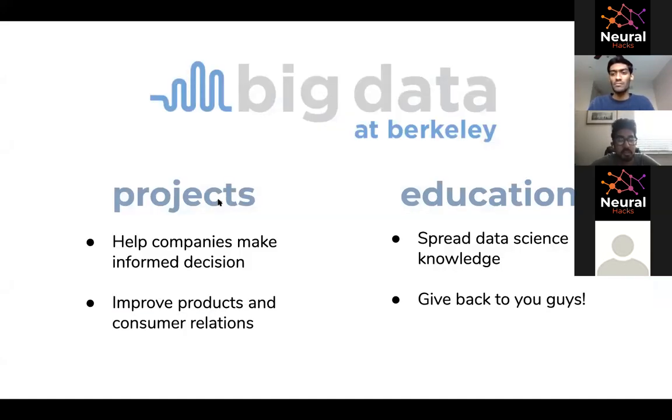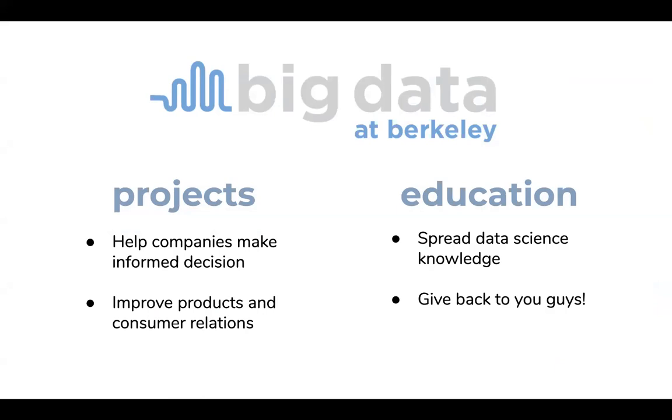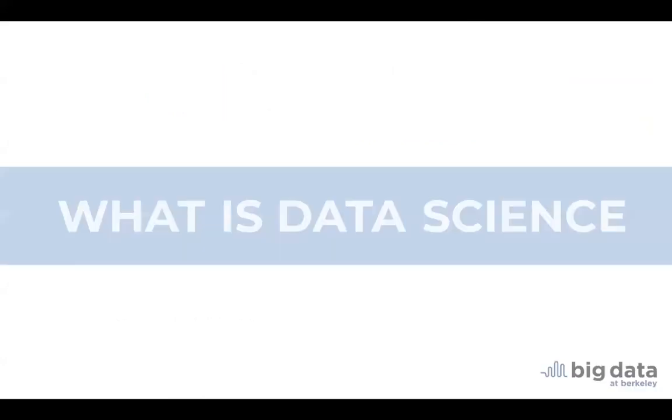The projects committee works with startups, and they help companies make informed decisions and improve their products and consumer relations. And then we have the education committee, and that's where me and Milan are from. Our main mission is to spread data science knowledge and try to give back to the community as much as possible. So that's a little bit about us.